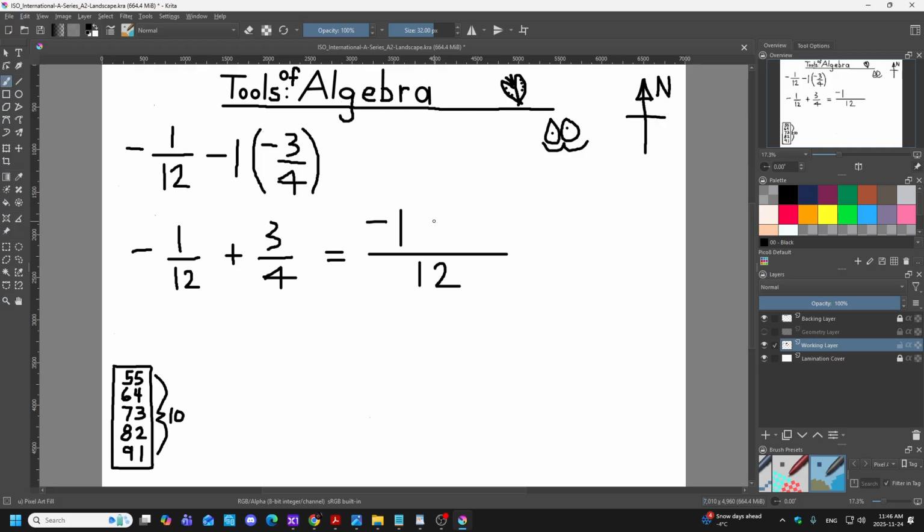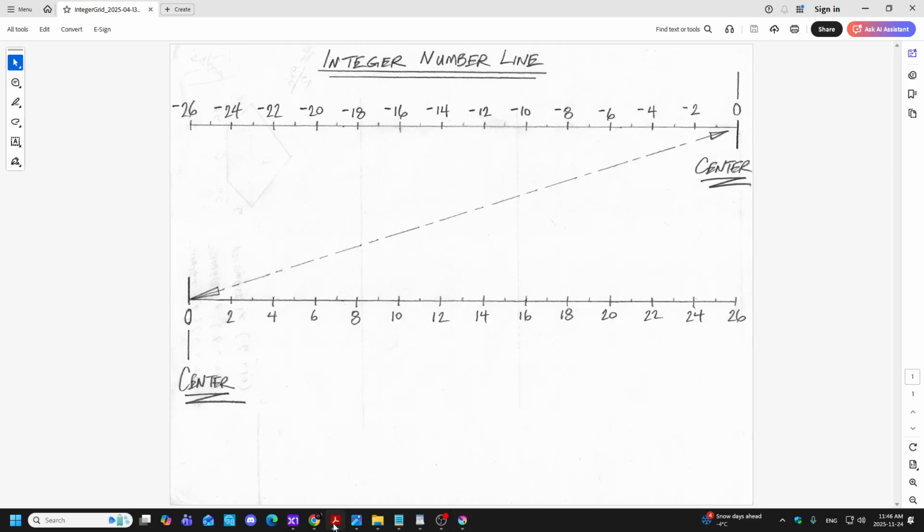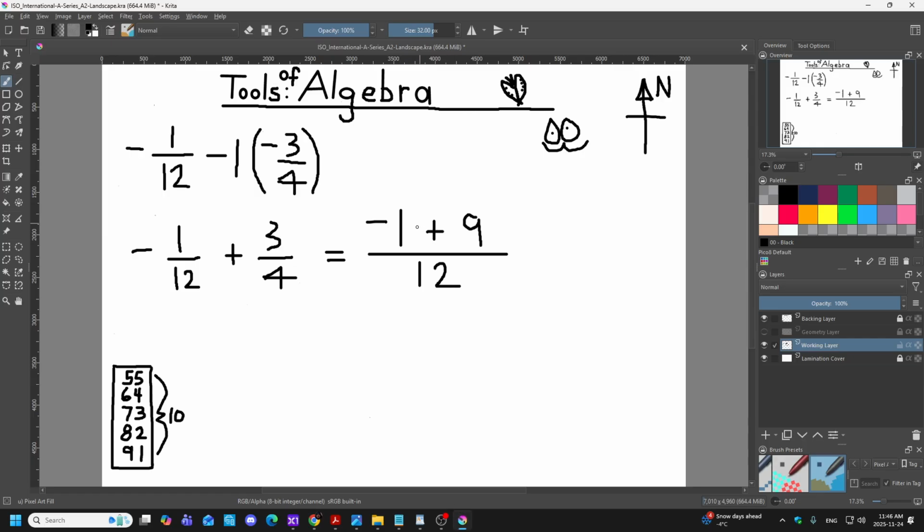Plus sign. 4 times 3 gives us 12. 3 times 3 is 9. Same thing, same math, same logic. I could start with 9, we're going one jump to the left, right? One jump to the left. It's all the same logic too, right? 9 is greater than 1 if we ignore the signs.